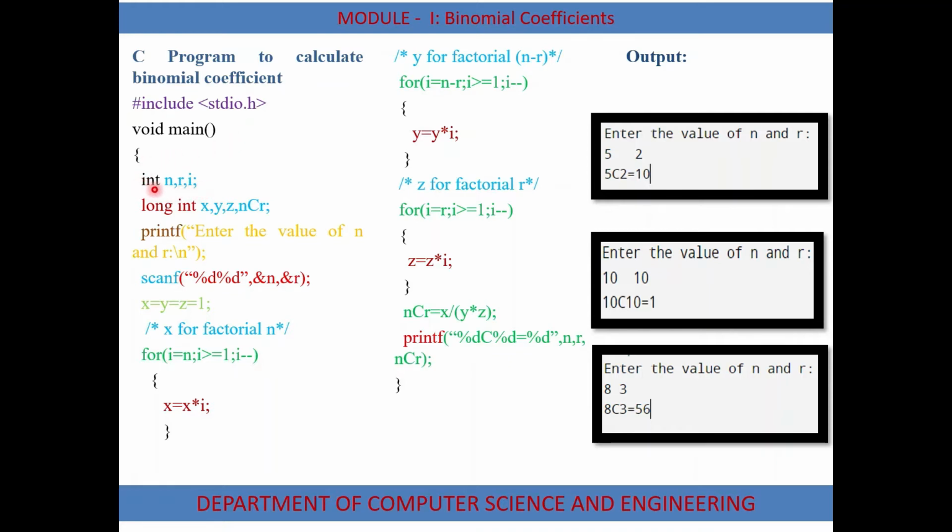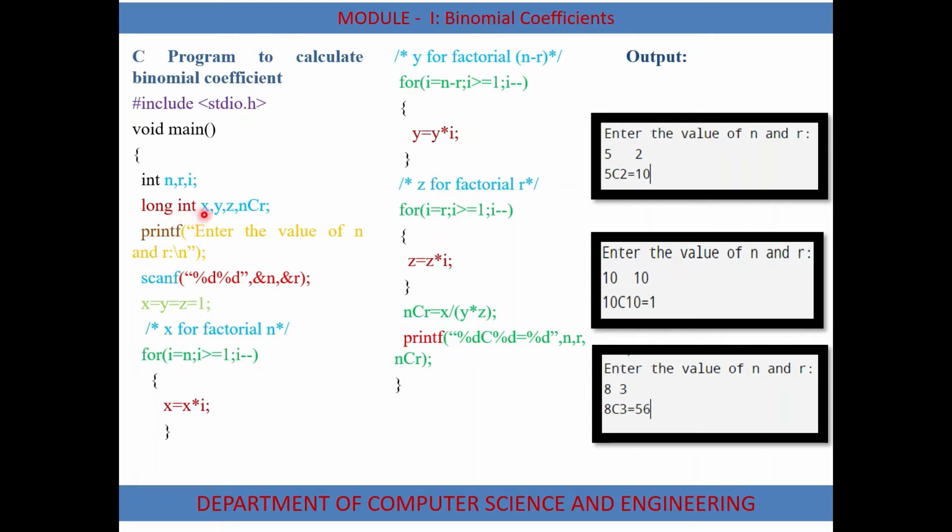So here int n, r, i, then long int x, y, z, ncr. For these terms we have considered the data type as long int, because the factorial of a number may cross the range of the integer. So we use long int.